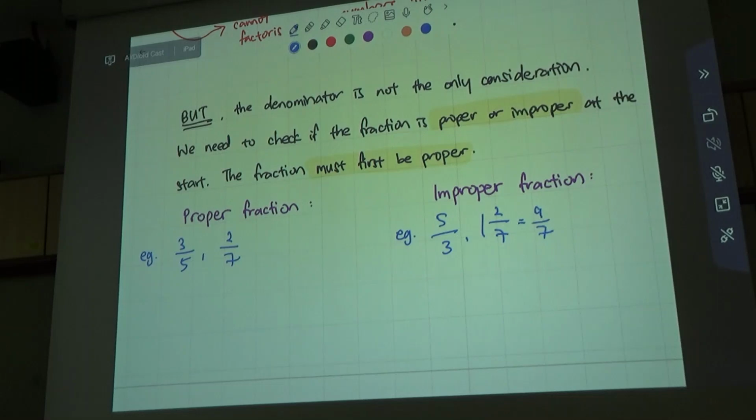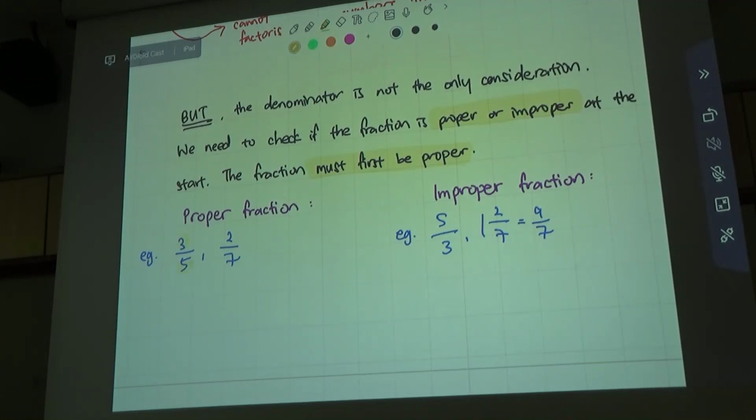Okay, so now that we understand what is proper and improper in numeric form, what does it mean in the algebraic form? Because we're all dealing with algebraic fractions now. What makes a fraction proper? How do I compare the number in the numerator and the denominator?